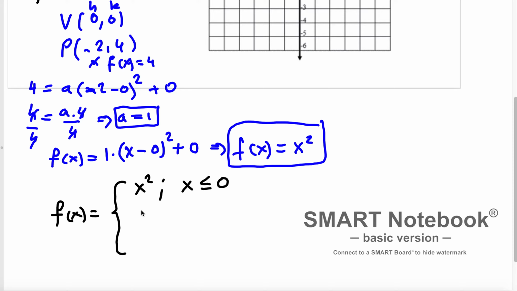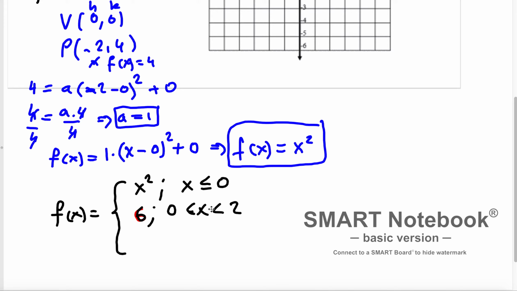So here is 6, in the interval between 0 and 2, but it does not include 0. So this is an open interval.